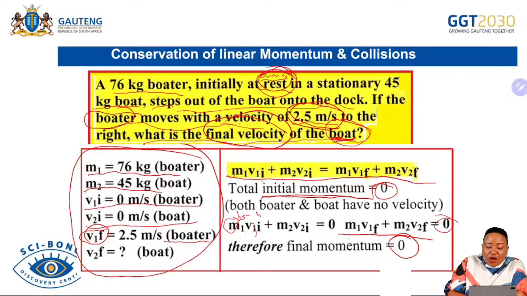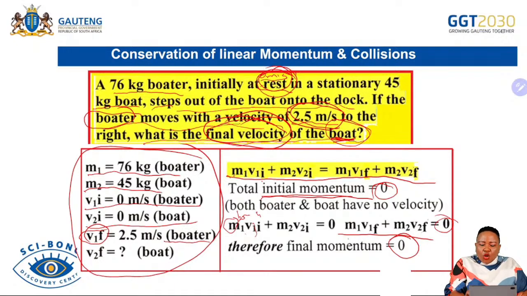So after we find the final velocity of the boat, when you add the right-hand side, it must also give you 0. But they didn't want you to calculate the final momentum, because you would just say 0 kilogram meters per second. They just want you to calculate the velocity of the boat after the boater has stepped out. After getting that velocity, you need to go back and prove that the final momentum is also 0, as we know the initial momentum is 0.